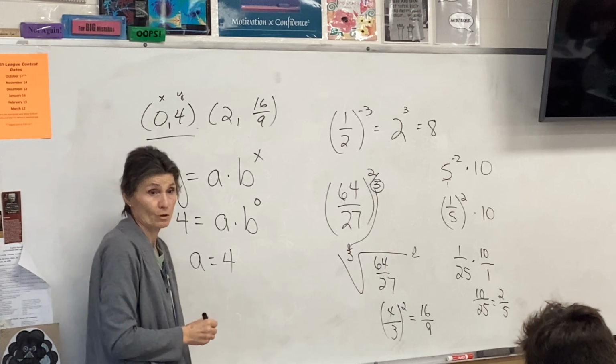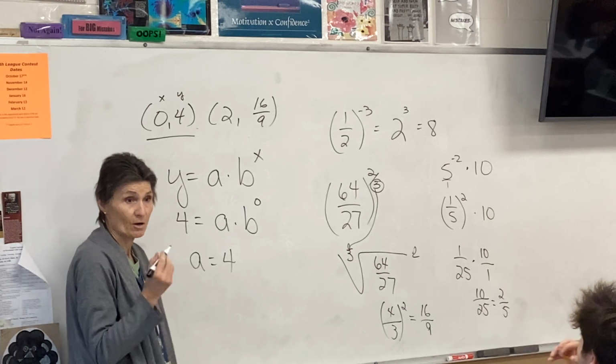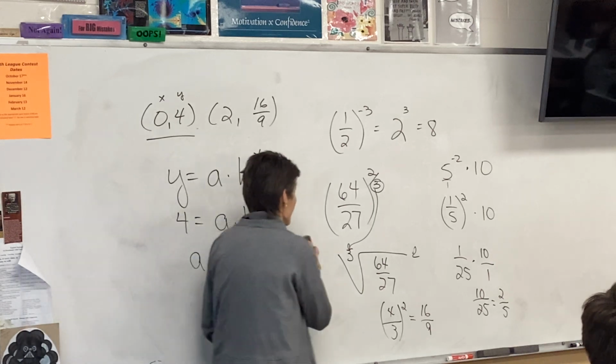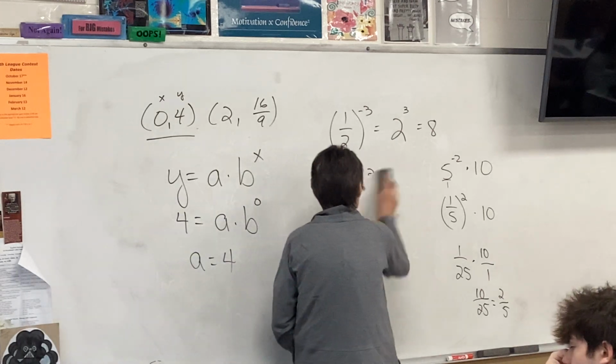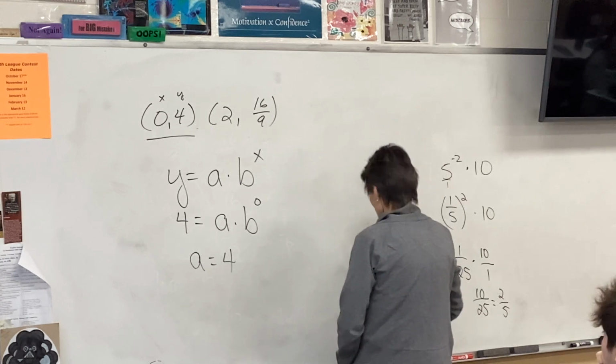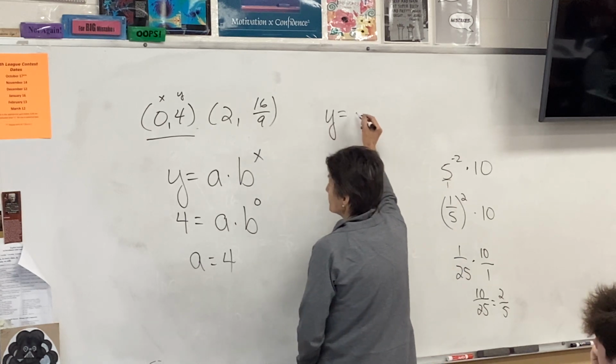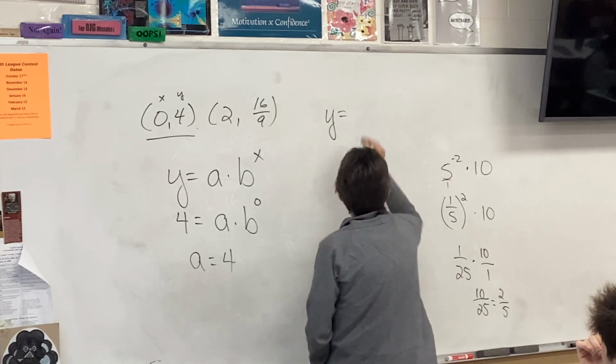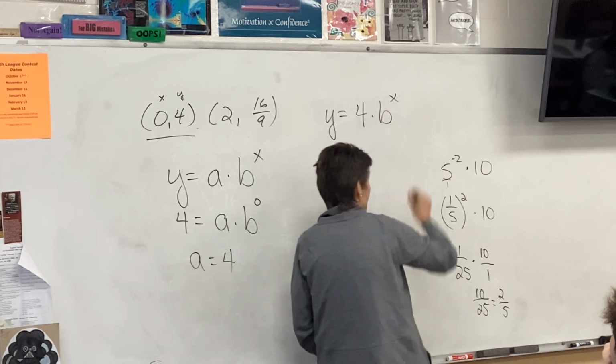And that's what we observed back when we did these. It was starting to come back to you a little bit, remember? So now we know that our equation is y equals 4 times b to the x.